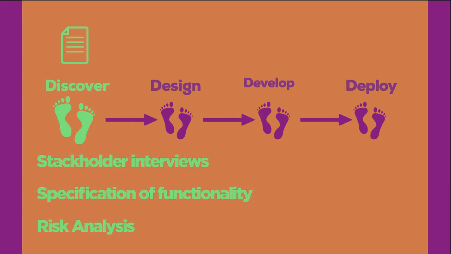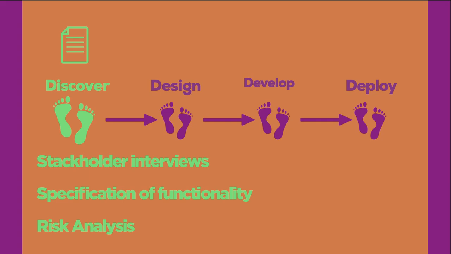Then, of course, we make the specifications of the functionalities. We have to know what kind of functionalities our software is going to have, and make some risk analysis and other analysis about what kind of products are already in the market and what we are going to do at the end. This actually means that we're going to make plenty of documents.